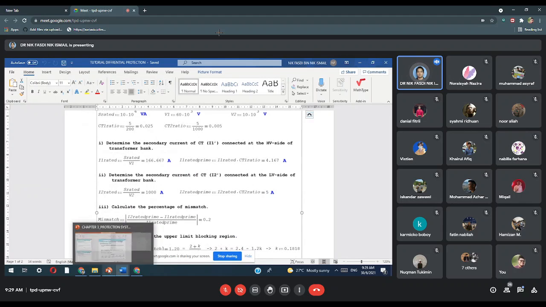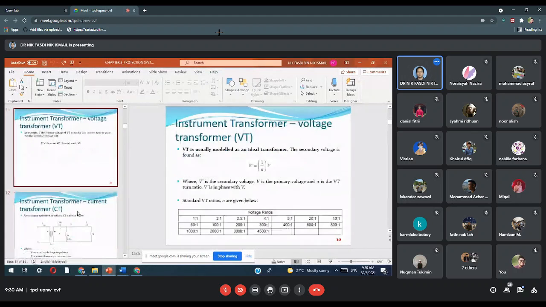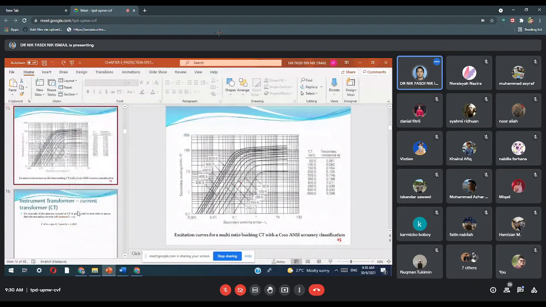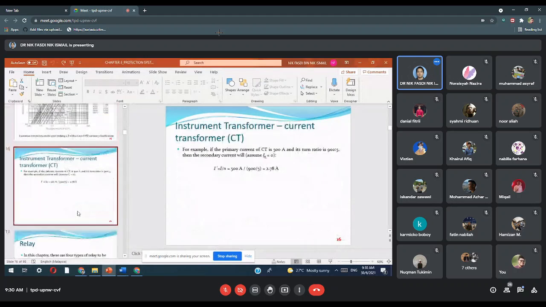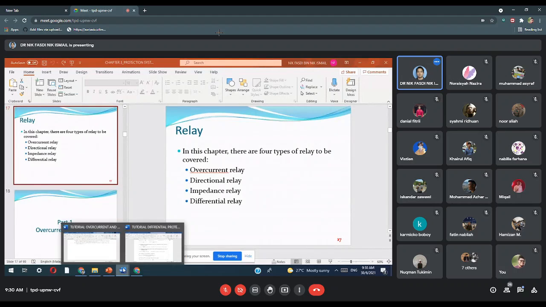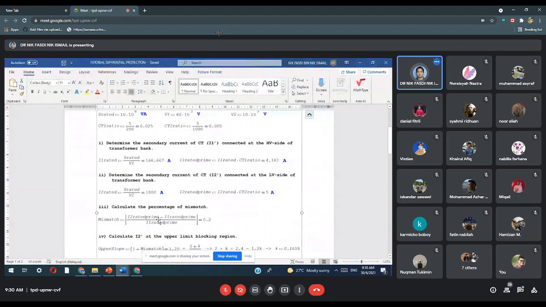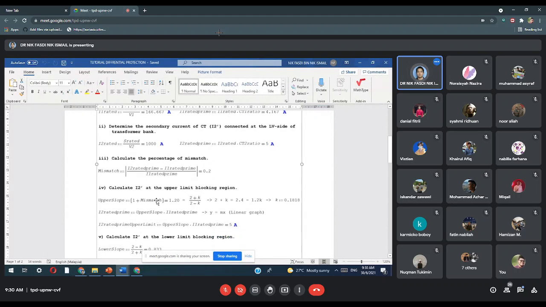The equation is the same as we did earlier. You just use this to calculate the mismatch. Alright, 0.2.